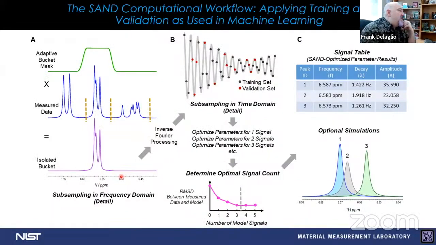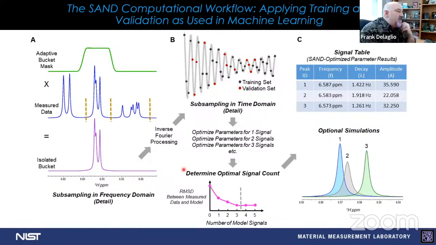So how does the SAND method in its current form work? Well, the CRAFT method uses Bayesian statistics to decide how many peaks should be used in order to model a particular region of the spectrum.